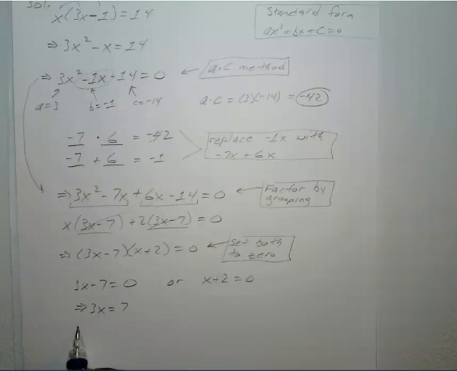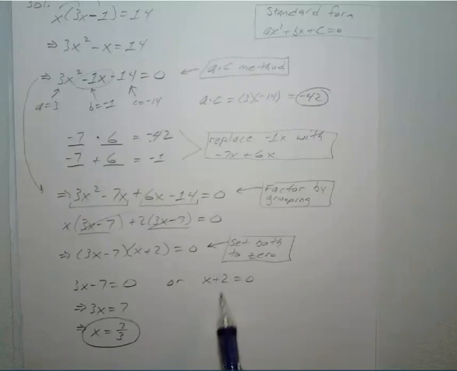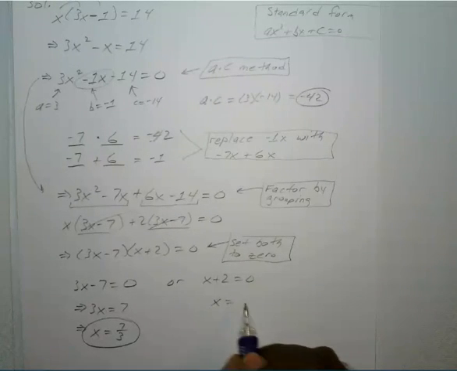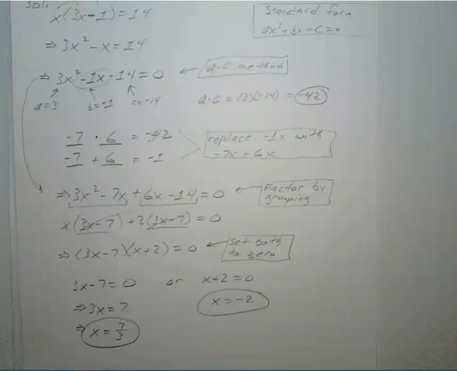Divide both sides by 3, we have x equals 7 over 3. And this one, once we subtract 2 from both sides, we have x equals negative 2. Okay, so those are your solutions to that problem.